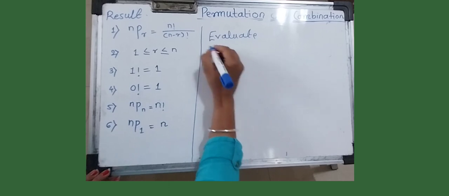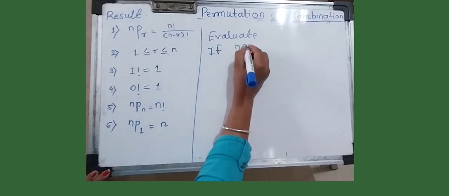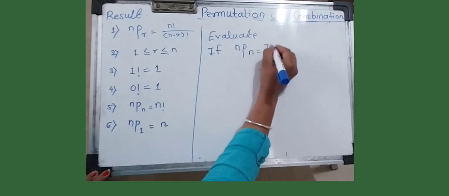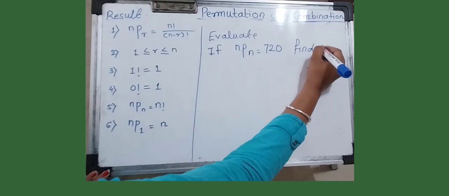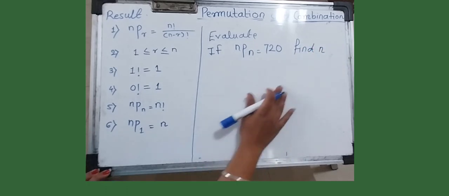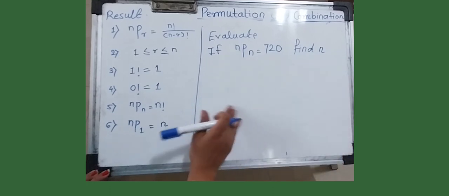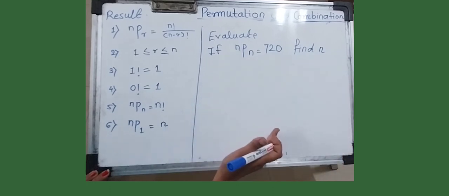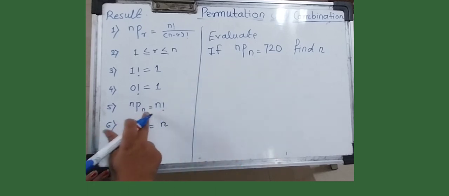Next, evaluate. It is a 4 marks question. If nPn equal to 720, find n. What is the nPn here? nPn is n factorial.